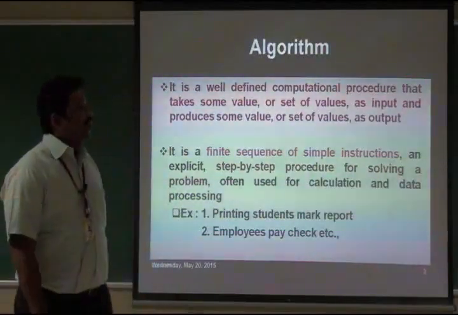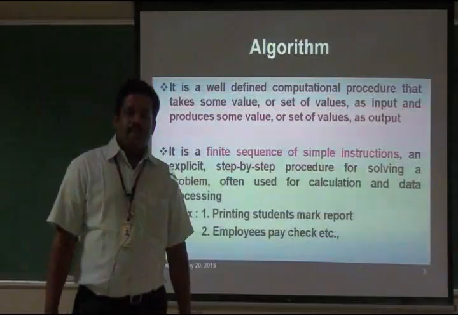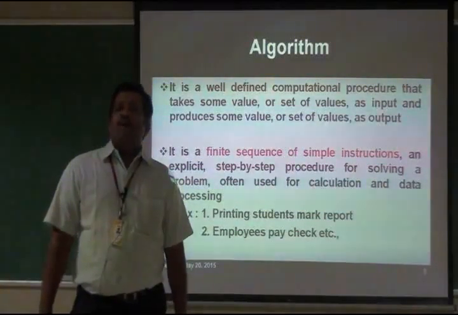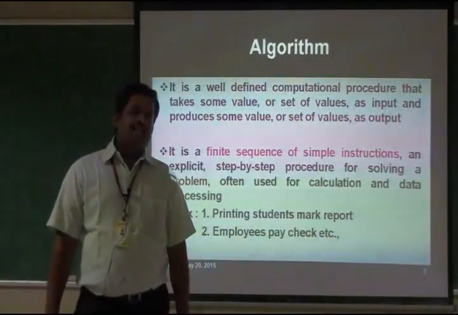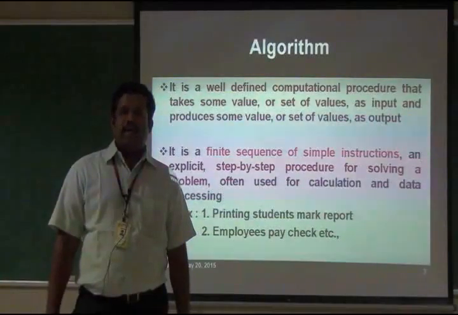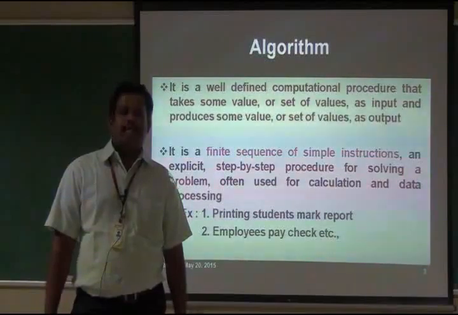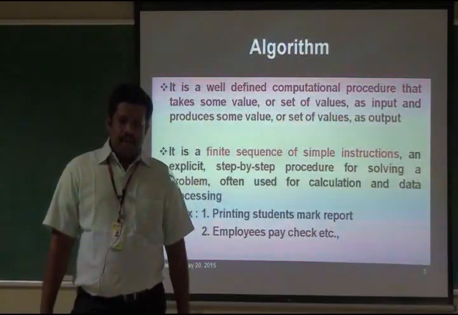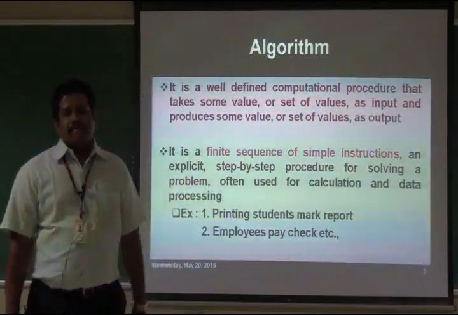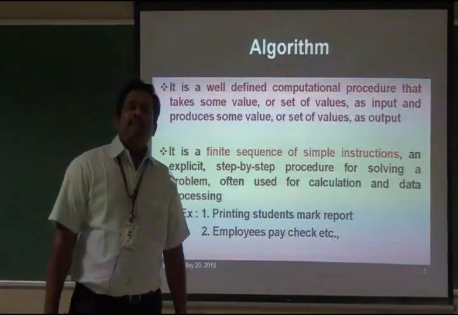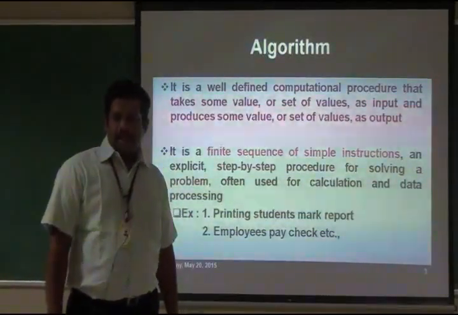If you want to produce quality software, algorithm plays a major role. As we know already, algorithm is the step-by-step procedural instruction for accomplishing any type of task. For example, if you are in the industry or in any type of institution, there might be the need for employee paycheck calculations.